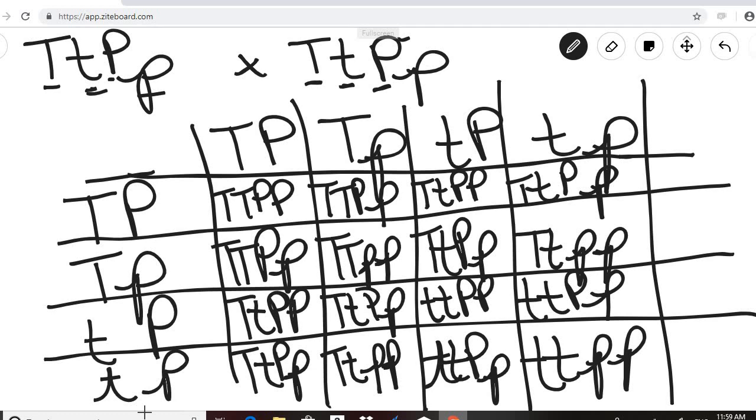Okay, so those are the possibilities for the genotypes from this mating of a heterozygous tall purple with a heterozygous tall purple.